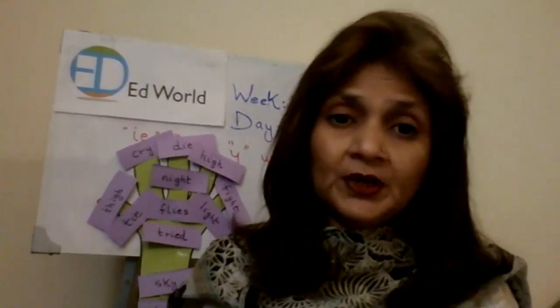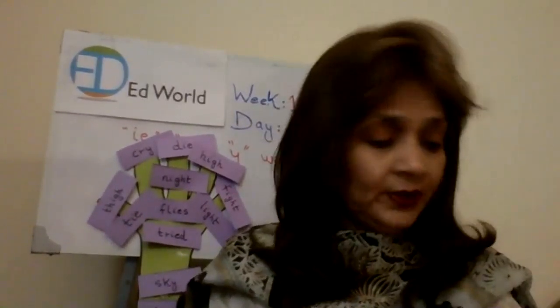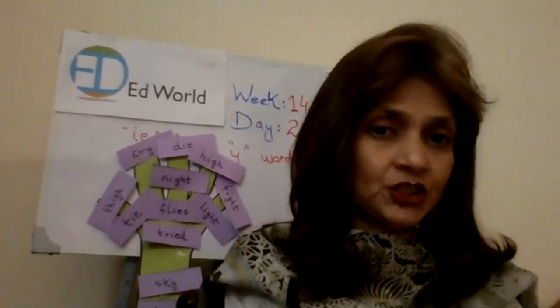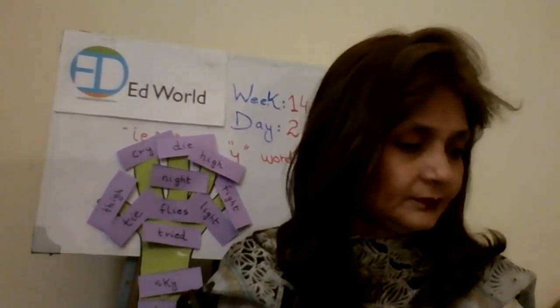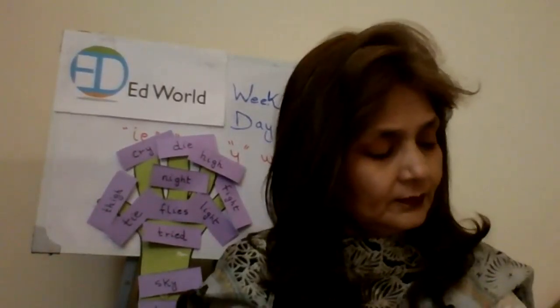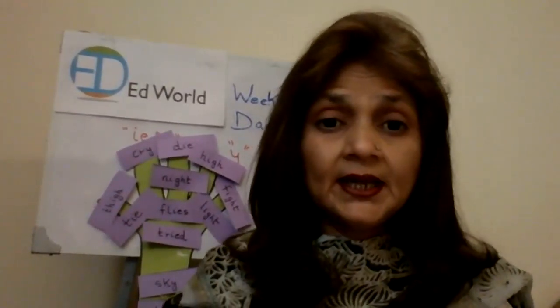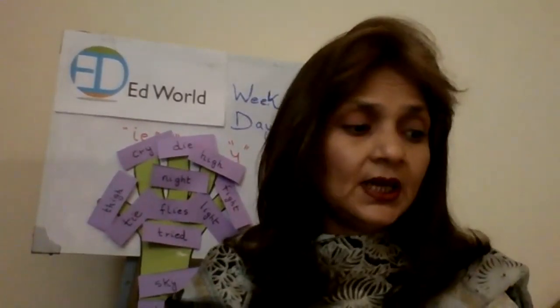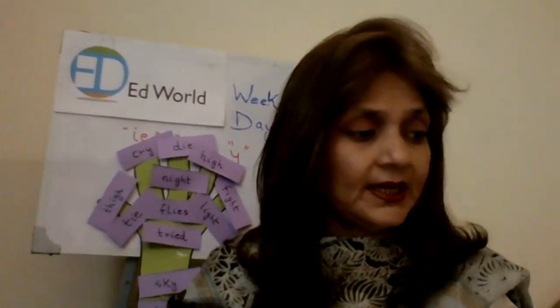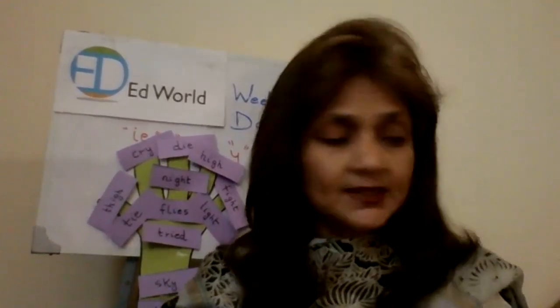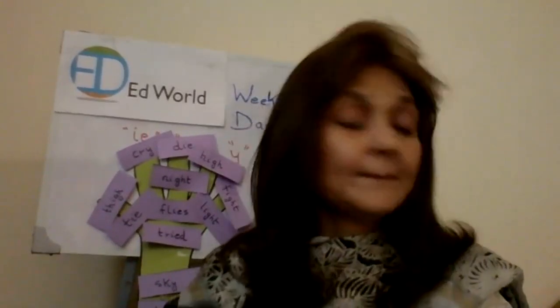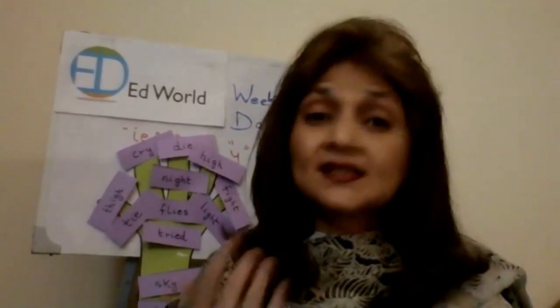Now, if you come back and look in your book and open page number 64. Now you can see they have explained: listen carefully to the sound I-E, I-G-H and Y make in these words like smile, tie, bright, sky.